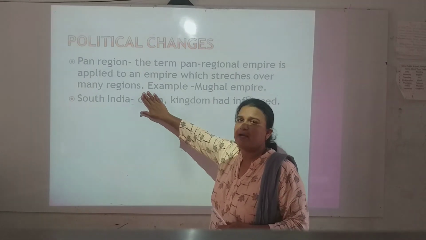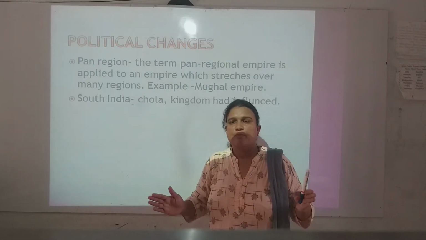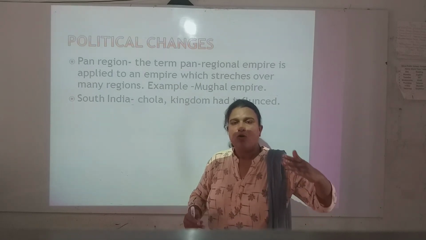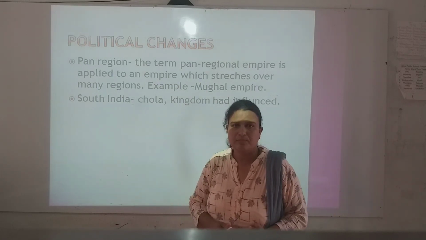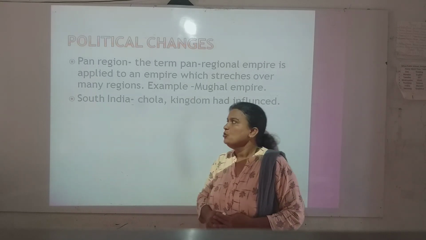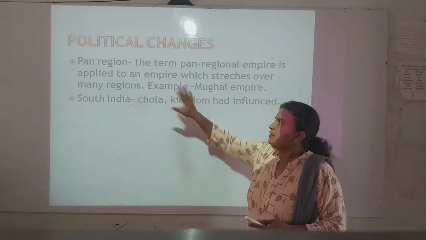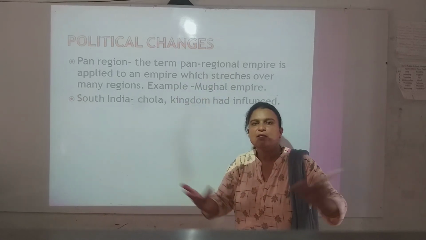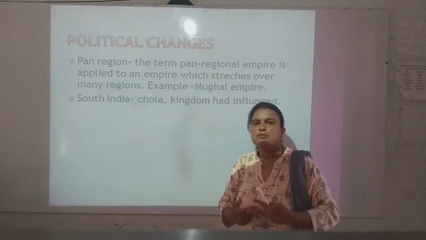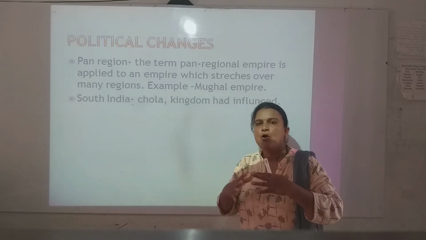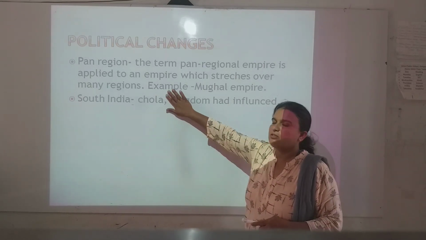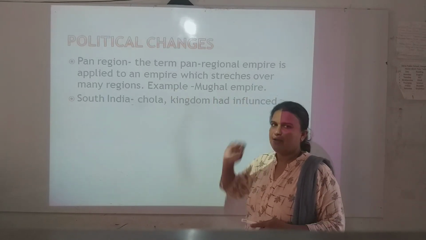An empire is bigger than a kingdom. So a pan-region is like an empire which stretches over many regions, many kingdoms connected with one central power. An example is the Mughal Empire.